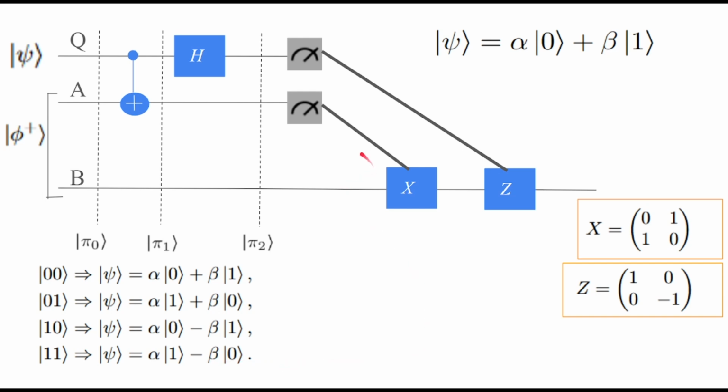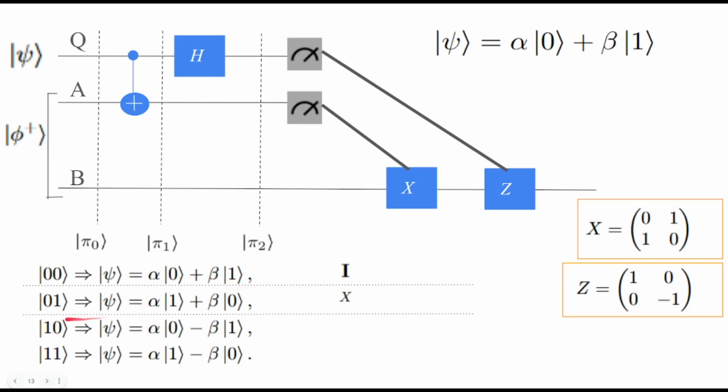To fix this, we measure the classical states of Q and A, which is what these two boxes are doing. If A is equal to 1, we'll apply a Pauli X gate, which is in this orange box right here. Actually, if it is in ket 0,0, where Q is 0 and A is 0, we'll just apply the identity matrix and not do anything to this vector.